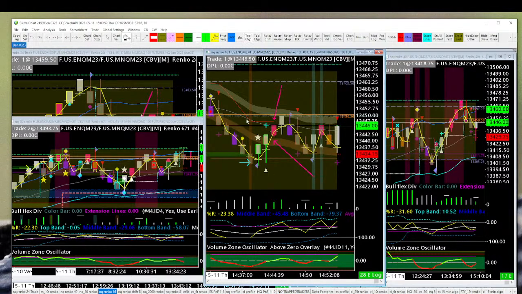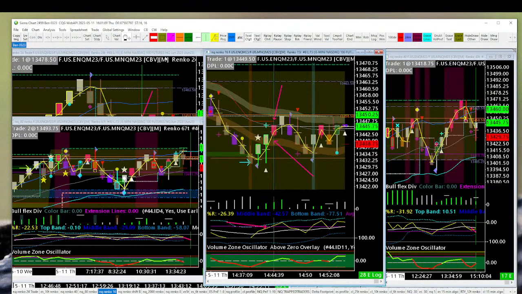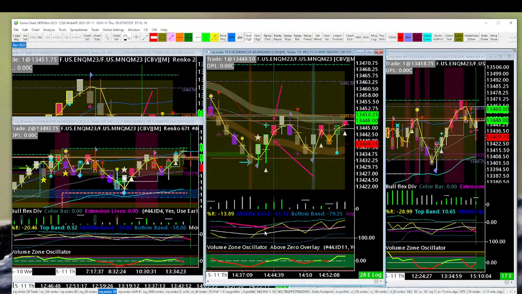But what you'll see, if we get another one here too, is if we look at where the percent R was right before that, on this green bar here, compared to where the percent R is on this bar, you'll see a very nice 45-degree angle, right? Because it's a nice tiny bar.